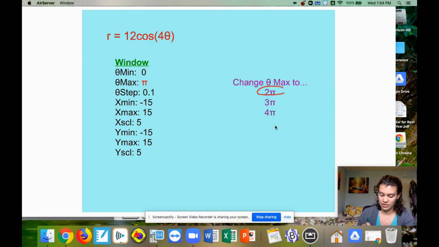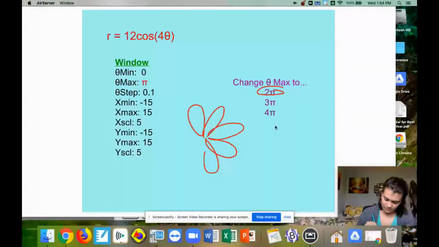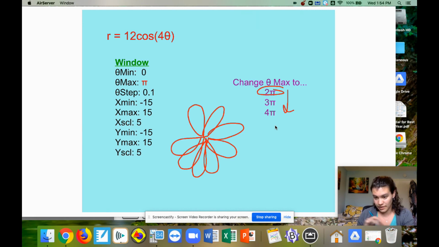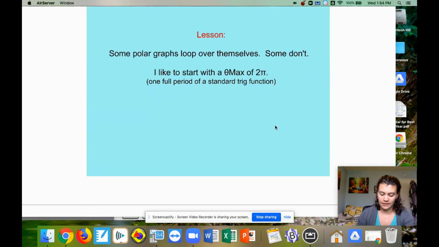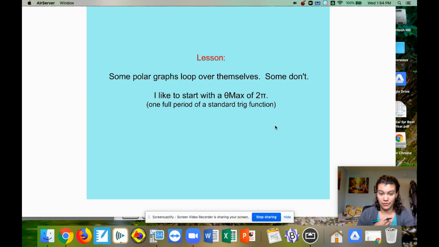If you get to 2 pi, you're going to get an 8-sided flower. We'll try and draw this. Kind of like that. It's kind of messy. And as you keep going up, you just draw over that same flower again and again. The lesson from this is that some polar graphs loop over themselves, some don't.